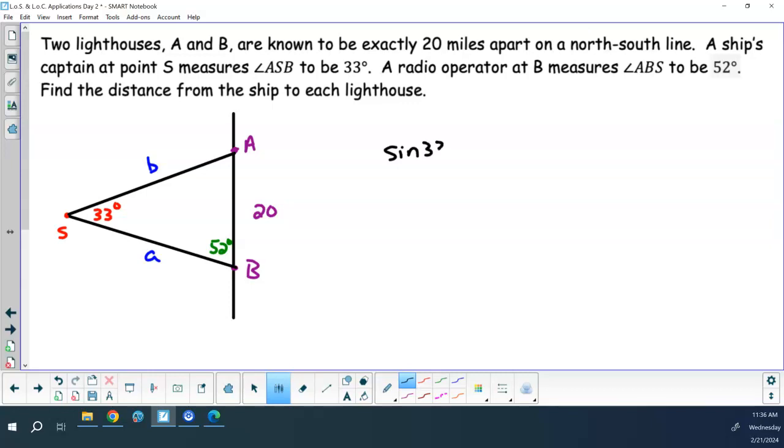Sine of 33 degrees over 20 equals the sine of what over A? 95? We all in agreement with 95? All right.